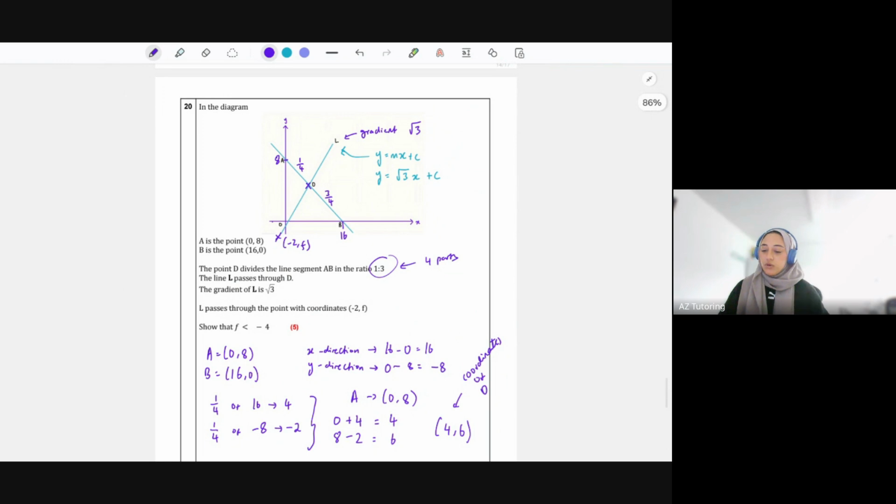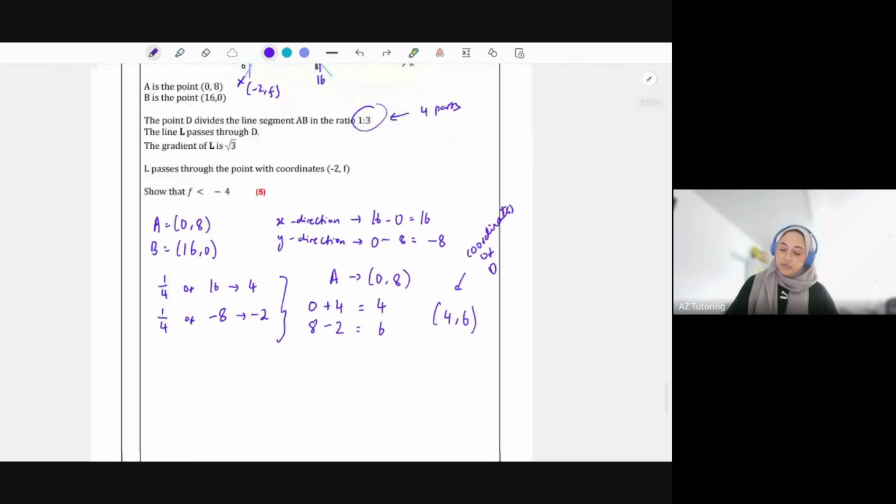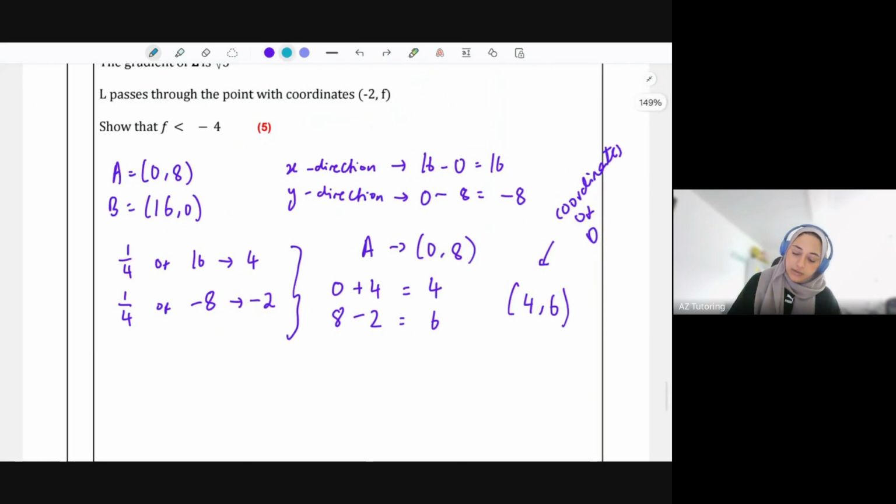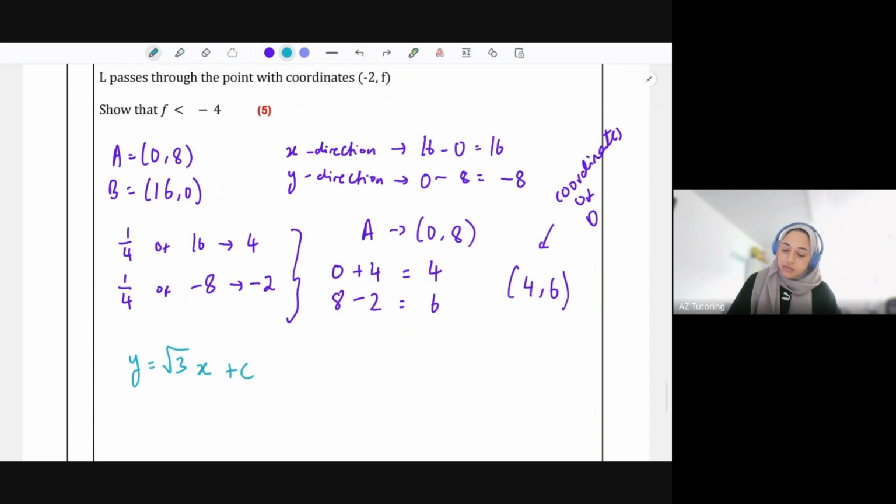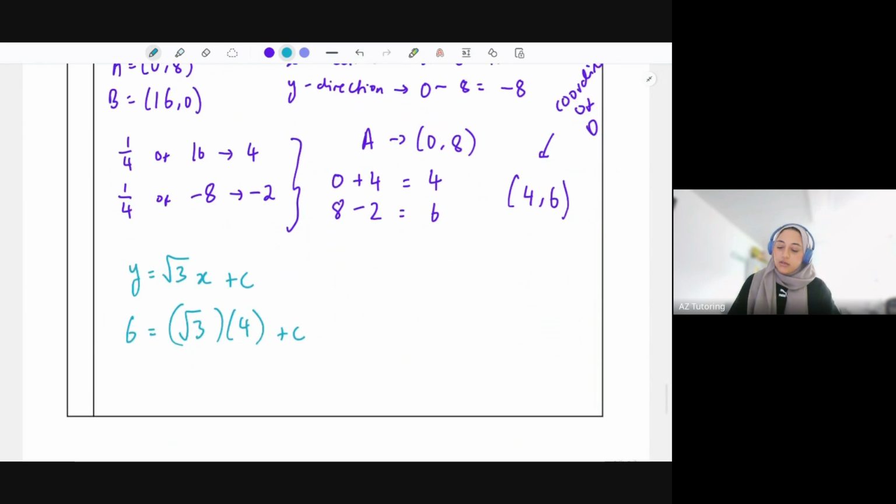Now that we've found the coordinates of D, we can substitute it into our y equals mx plus c line to find c. I'm going to do this in a different color. We said y equals root 3 x plus c. Substituting this in, I get 6 equals root 3 times 4, plus c.